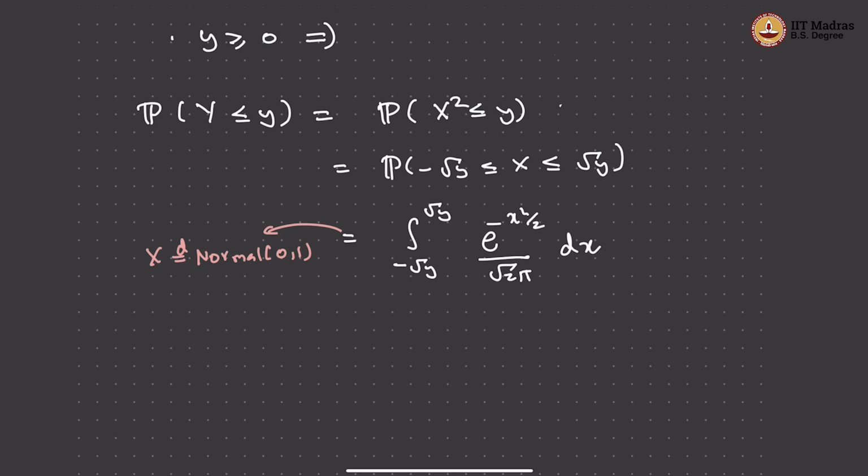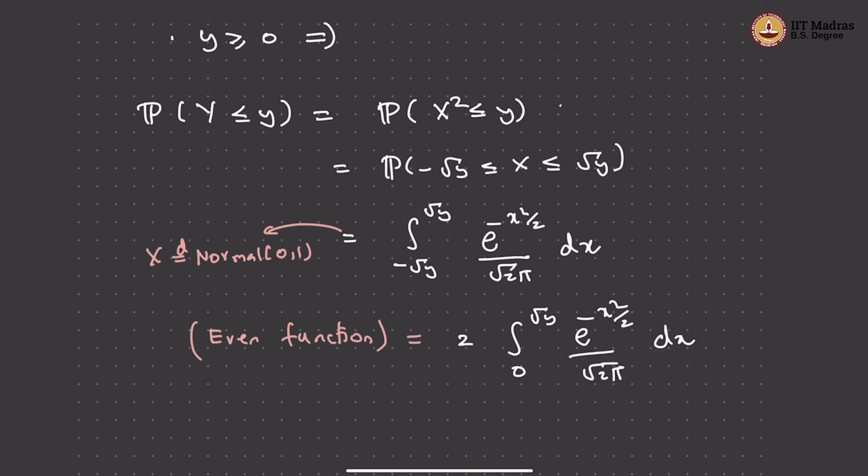So how do I calculate this? It's an even function, so the integral on the negative side and the positive side is the same. So this will just become twice the integral from 0 to root y of e to the minus x squared by 2 over root 2 pi dx.